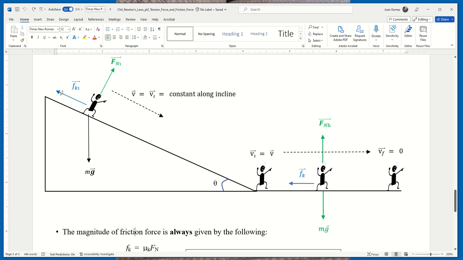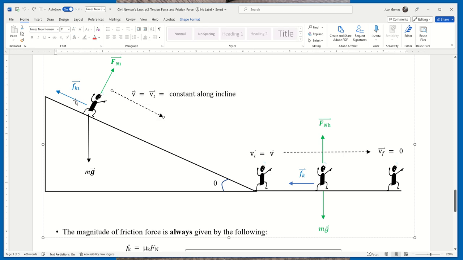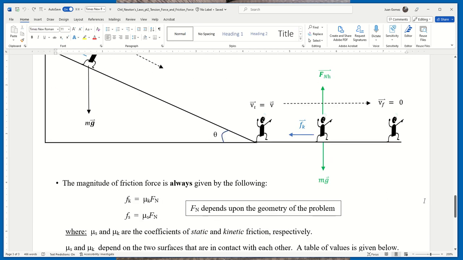Exactly 180 opposite the dotted arrow. On the horizontal, if he's moving in the positive x, Fk is in the negative x. Well, how do you calculate the magnitude of the friction force?